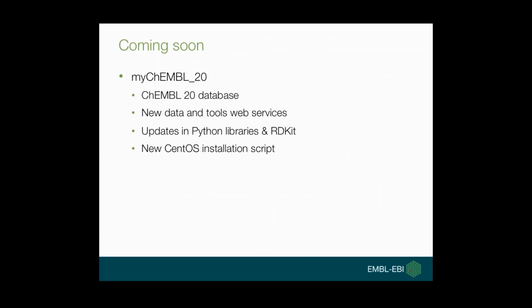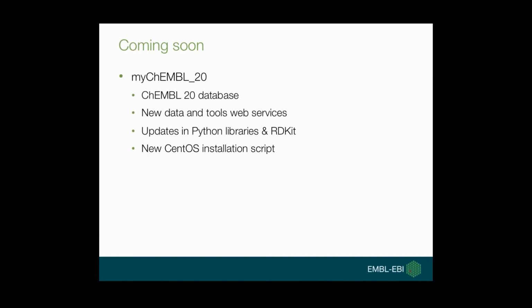So the web services that we use in the main ChEMBL webpage have changed. They are now significantly improved. So what we're going to do is we're going to mirror these web services to myChEMBL as well. So myChEMBL and ChEMBL will have the exact same web services. Other updates include the Python libraries and RDKit.